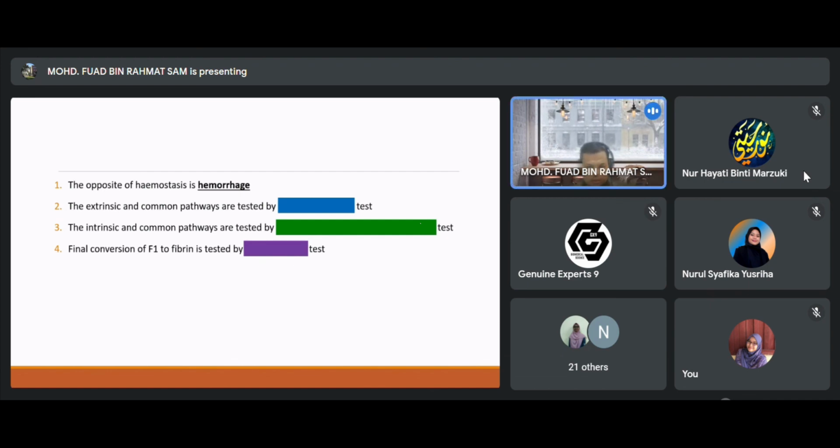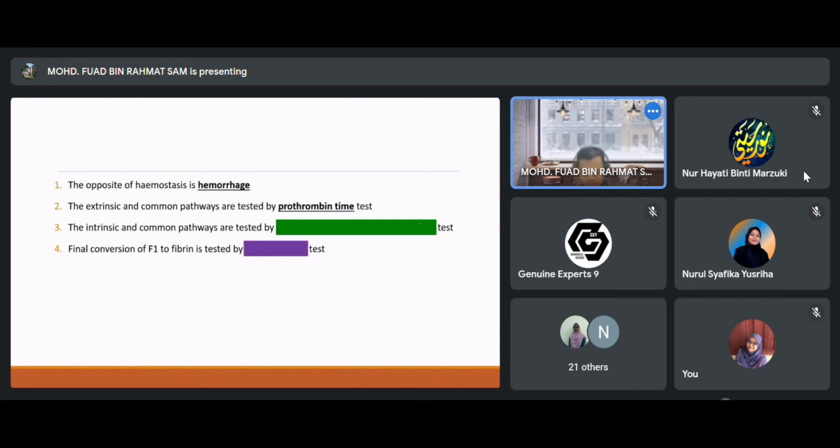Just saya nak kita just reflect balik apa yang kita selalu belajar for the past 1.5 hours tadi. Mungkin Fadilah boleh jawab nombor 2 ni. PT test. PT stand for? Prothrombin time. Yes, prothrombin time test.